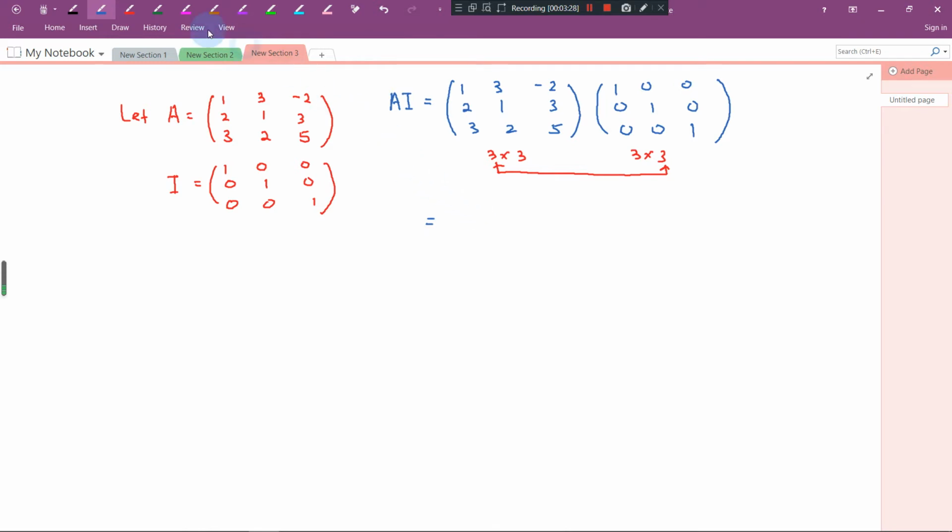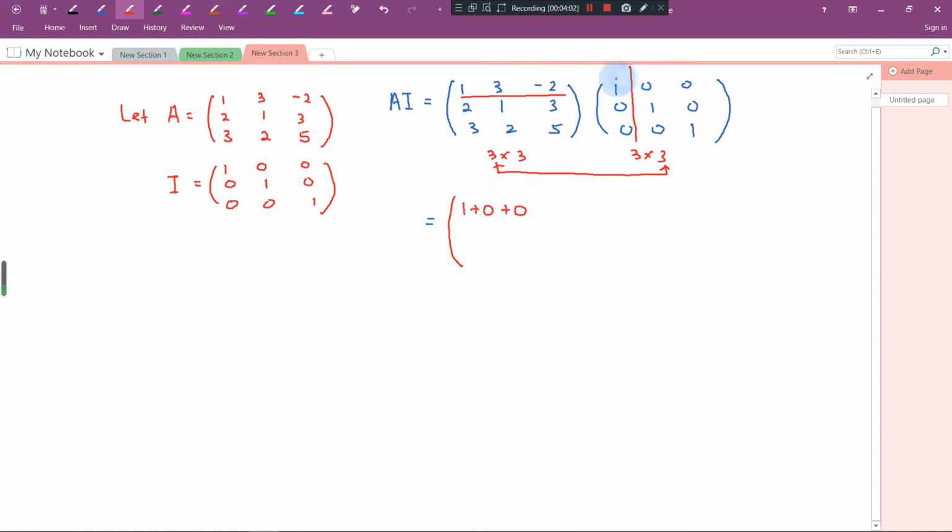When you do the multiplication, I suggest you draw some lines to guide you. For the first matrix, we draw a horizontal line. For the second matrix, we draw a vertical line. One times 1 is equal to 1. 3 times 0 is equal to 0. Negative 2 times 0 is equal to 0. Okay, first row, first column settled.